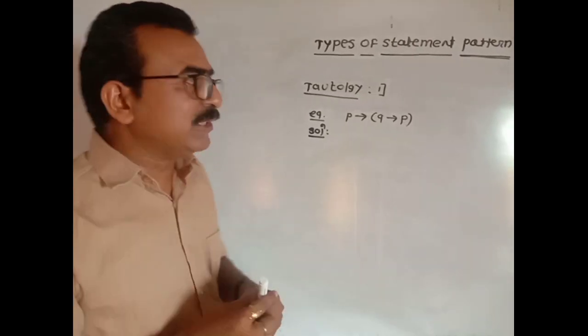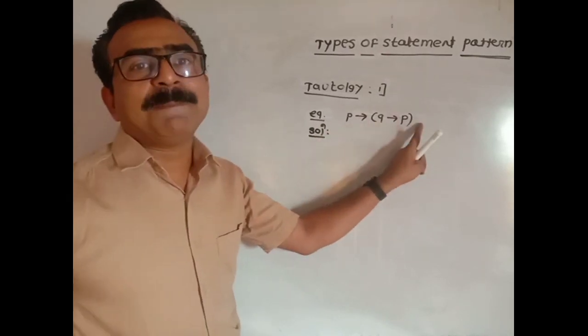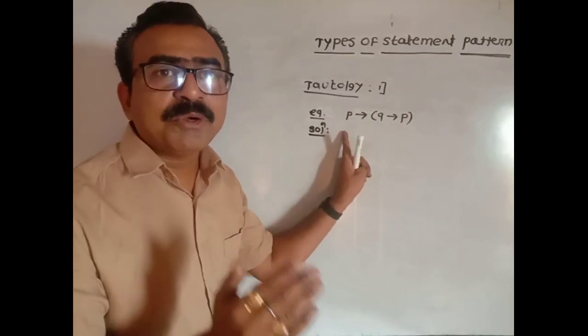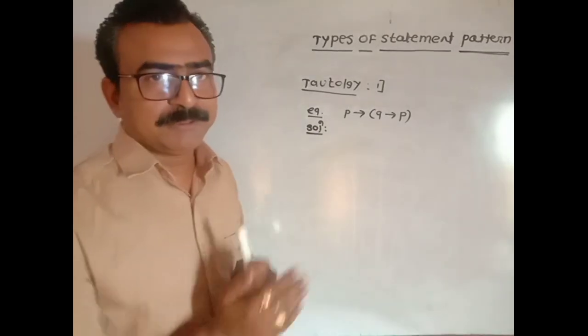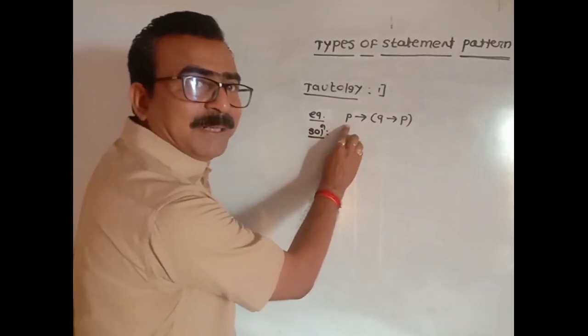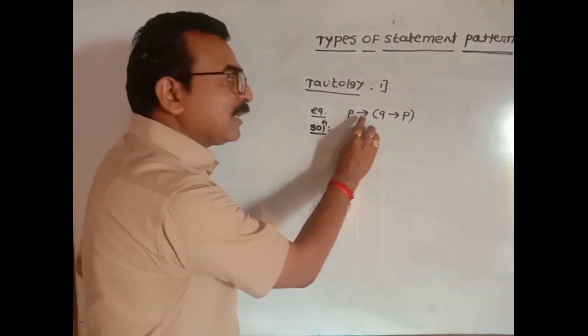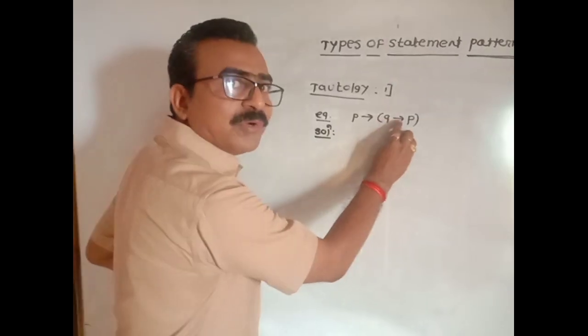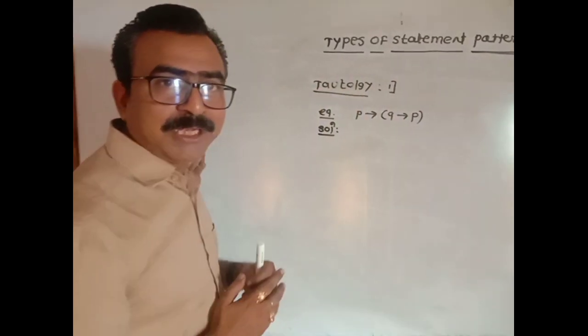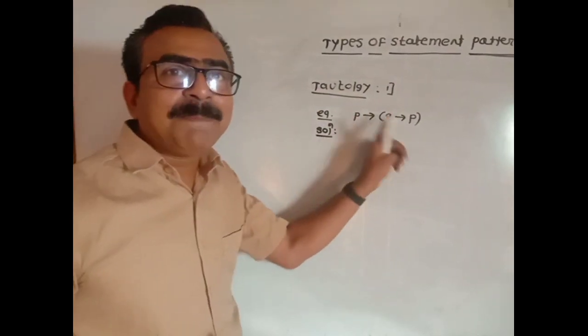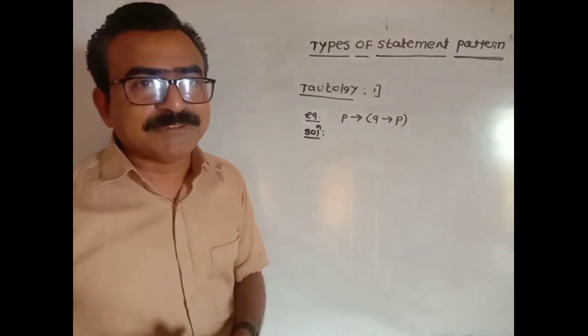So your first rule is: read the statement pattern carefully and note down the number of statements. So our statement pattern reads as P conditional Q conditional P. Okay. In our statement pattern, 2 statements are present.